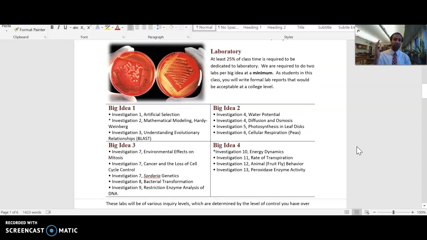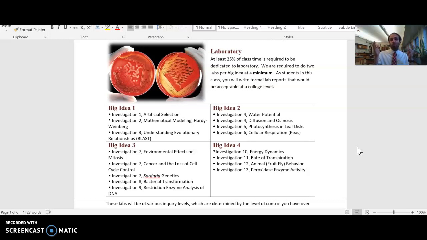And just to mention, we do have lots of labs in here, as I said already, but we've got all sorts of cool ones here. Everything from looking at behavior of fruit flies and how they're influenced by their environment, to looking at enzymes found in the human body and seeing how they're affected by environmental factors, to actually taking bacteria and transforming them, genetically engineering them, and inserting genes that they didn't have before to give them new traits that they had never had.